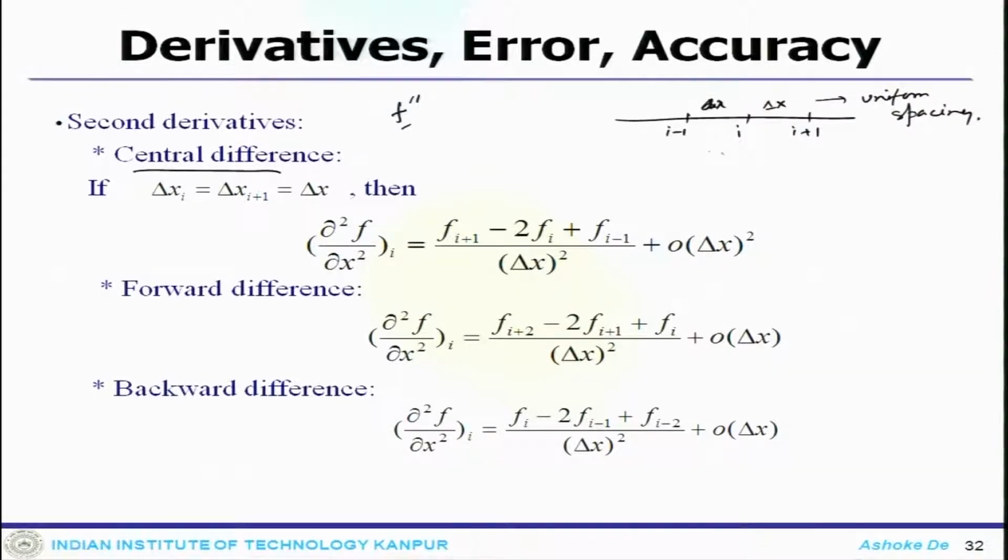It is just like writing all these Taylor series expansions: f I plus 1 equals f I plus delta x f I prime plus delta x square by 2 f double prime, and f I minus 1 equals f I minus delta x f I prime plus delta x square by 2 f I double prime. If you add them, the first derivative terms go off.